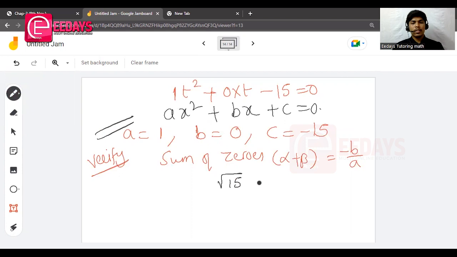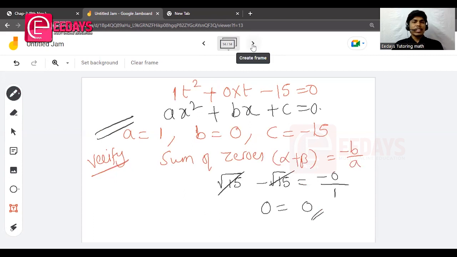Root 15 minus root 15 is equal to minus of 0 by 1. B here is 0, guys. The minus is there in the formula, and I substitute 1 in the place of a. Root 15 minus root 15, both get cancelled. You will get 0. Easy, right? I think this is an easy question for you, because we are not doing any simplification like splitting the middle term. And here also we got 0.